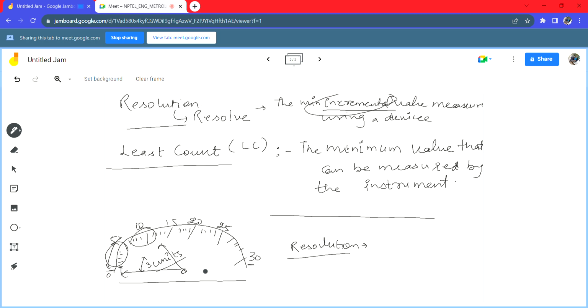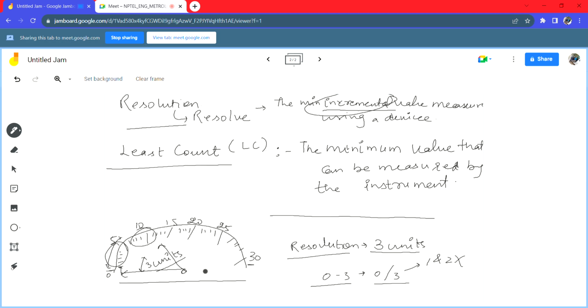Now, how will we talk about the resolution of this? My resolution is 3 units, and this means that if there is any deflection between 0 to 3, it can only give me values either 0 or 3. It will not give me values 1 and 2.